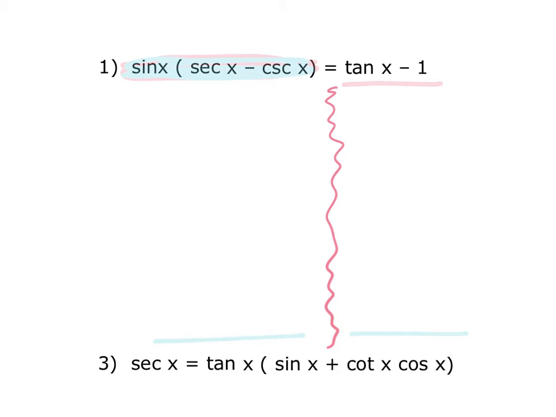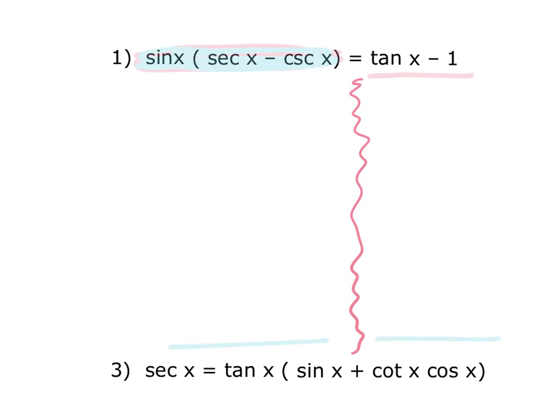So let's go through two examples with you. We're going to look at this first one here, where we're looking at sine times secant minus cosecant of x. So it looks like we are going to need to distribute probably. So that's the first step that I'm going to do on this, is just distribute.